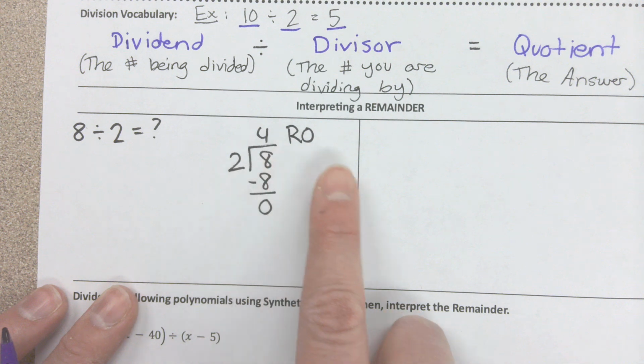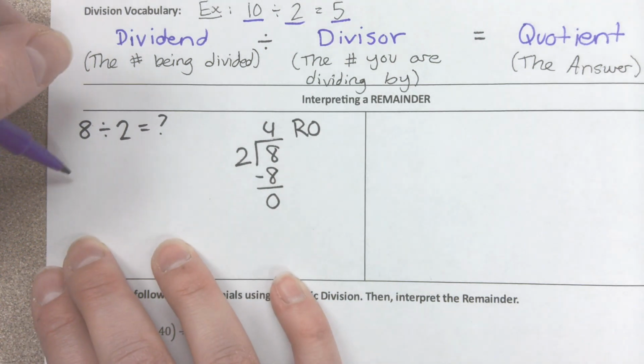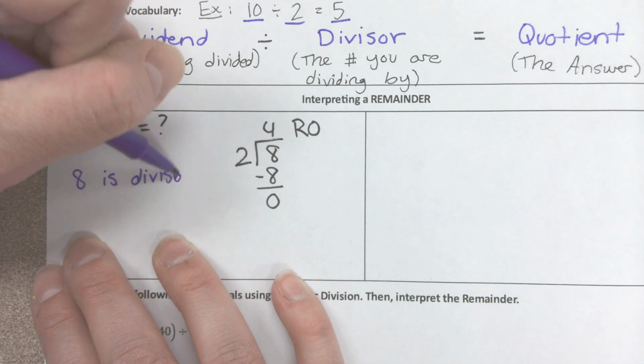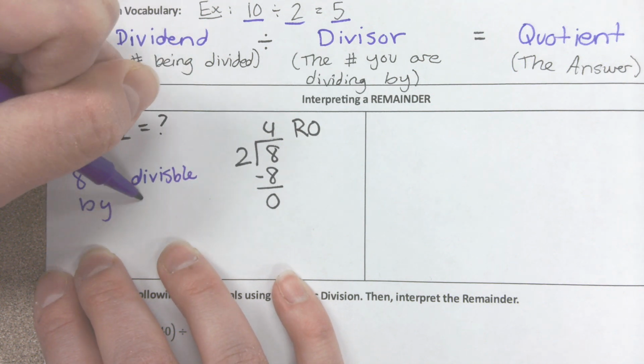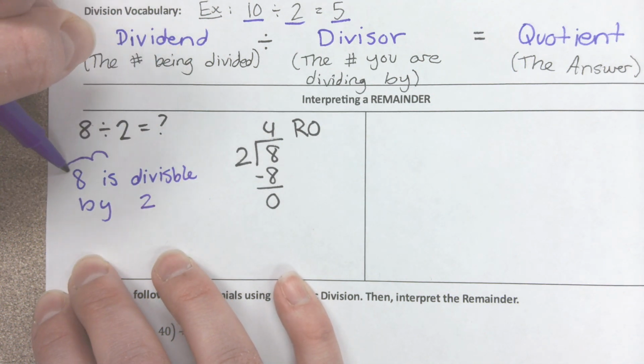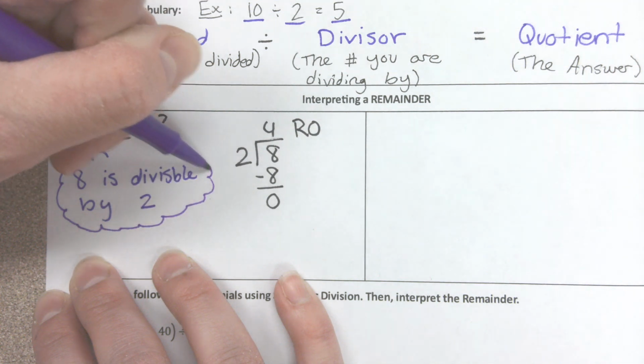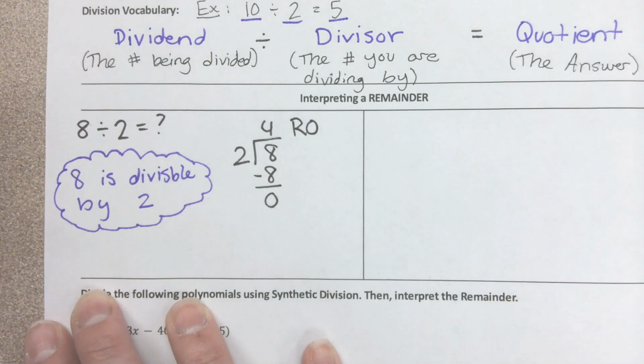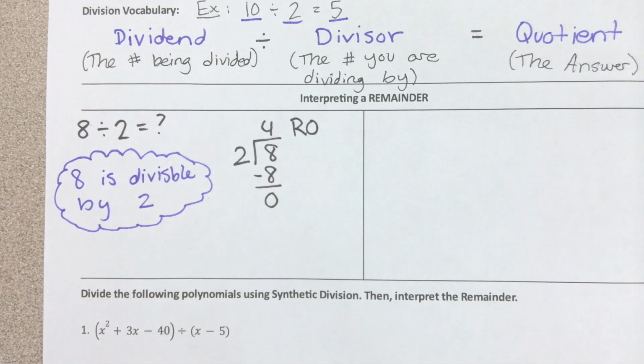Since we can divide this nicely, this means 8 is divisible by 2. Again, ideally, you're already aware of that fact. That just means you can divide 8 by 2 and you get a nice answer. Now, more importantly is the conclusion you can make based off of that, and this is what you're going to have to know for today's notes.